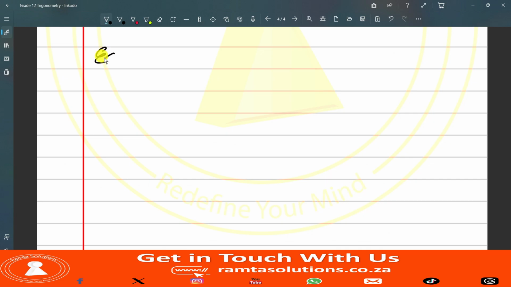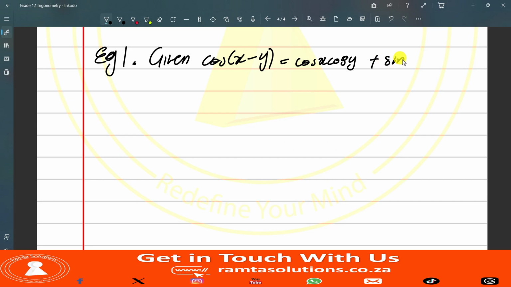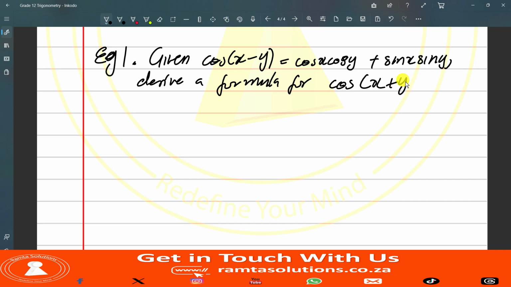Example 1: given cos(x minus y) equals cos x cos y plus sin x sin y, derive a formula for cos(x plus y).